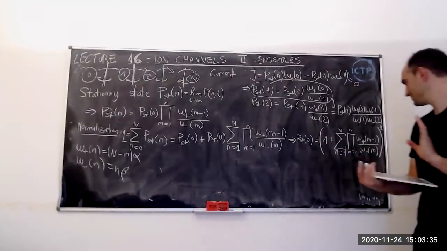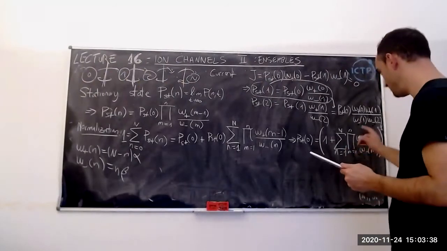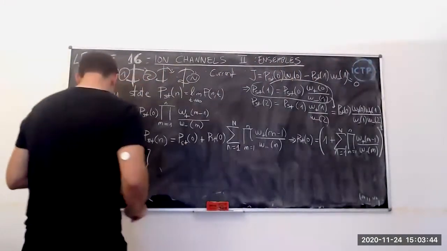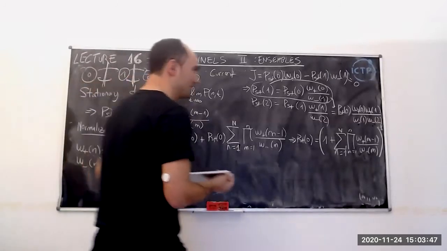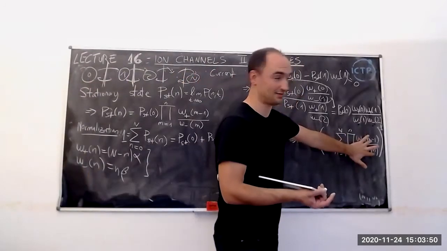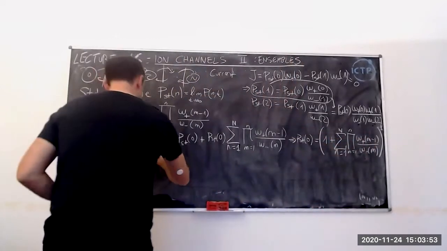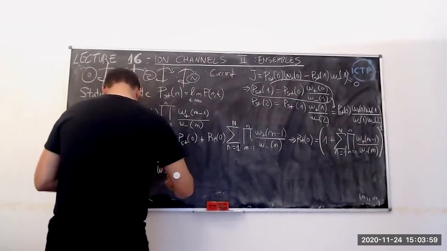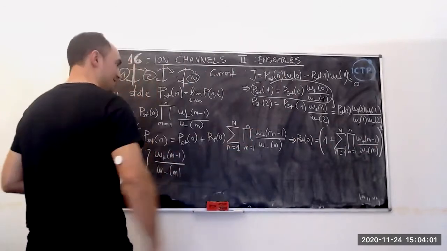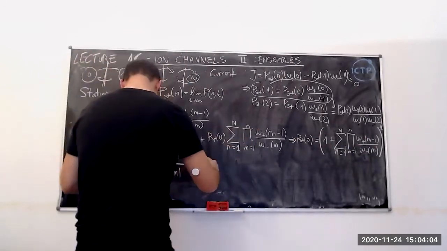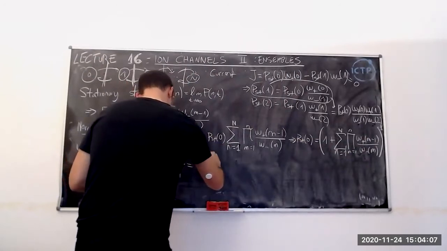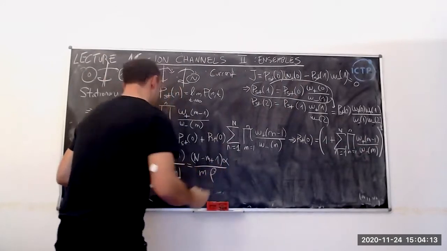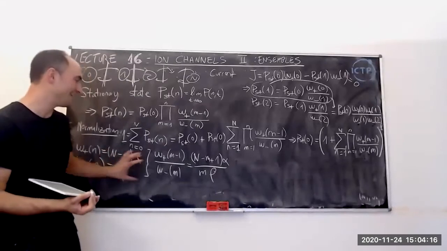And what you can see, if you check, is that first of all, you need to know what this ratio, omega plus divided by omega minus, is. So omega plus (m minus 1) divided by omega minus m, this is what appears in the product. This is just (N minus m plus 1) alpha divided by m beta. I take this and I replace it, okay?